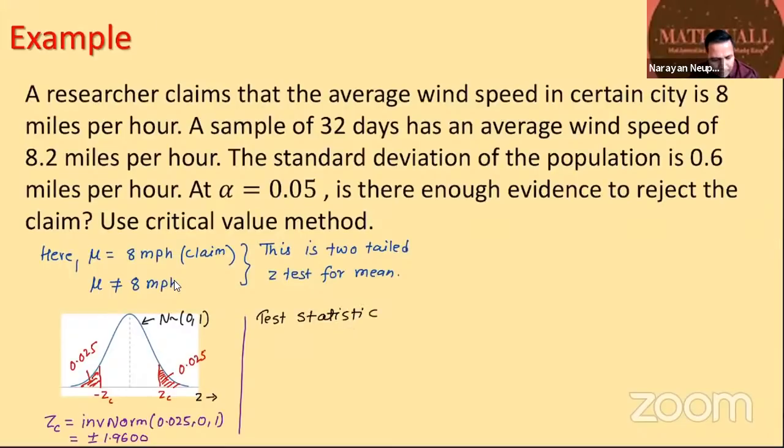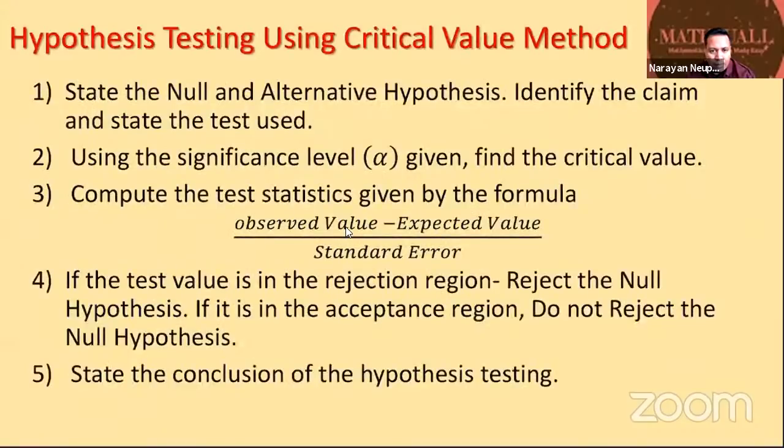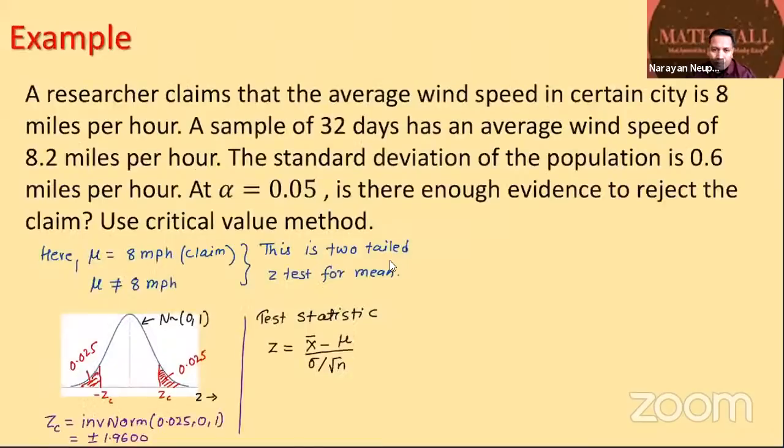In this case, this is the Z test. So Z equals X bar minus mean divided by sigma over the square root of n. This is just like observed value minus the expected value over the standard error.